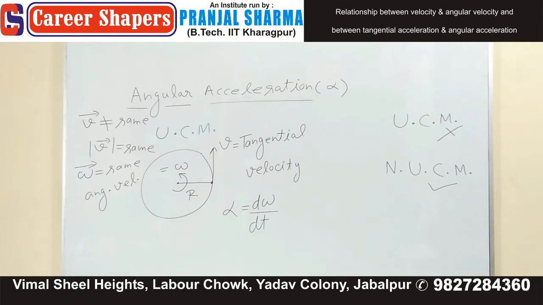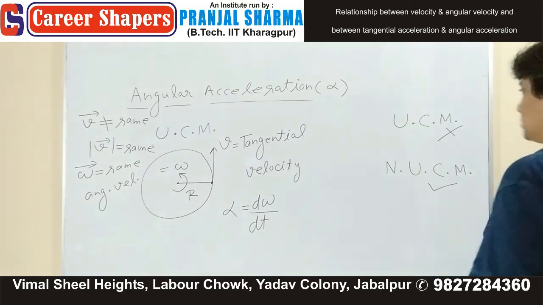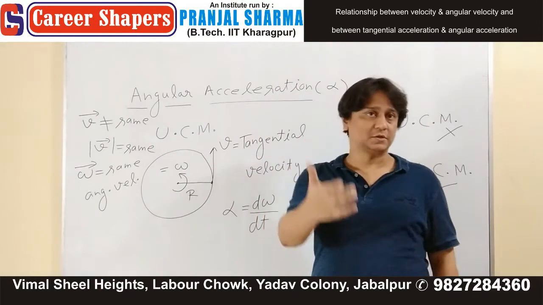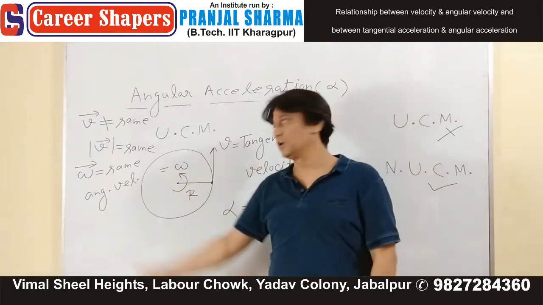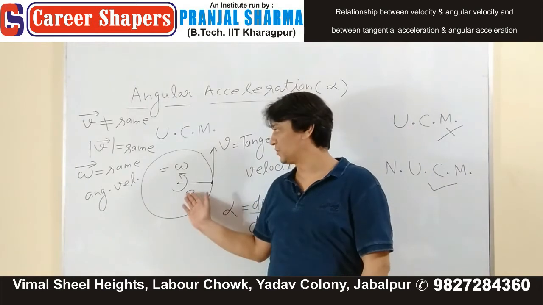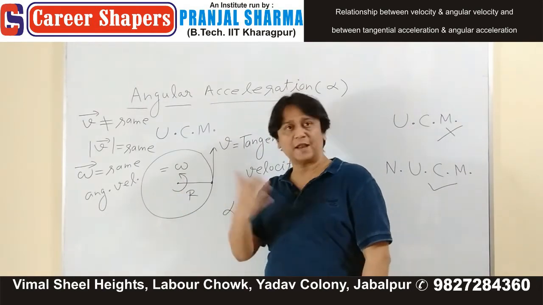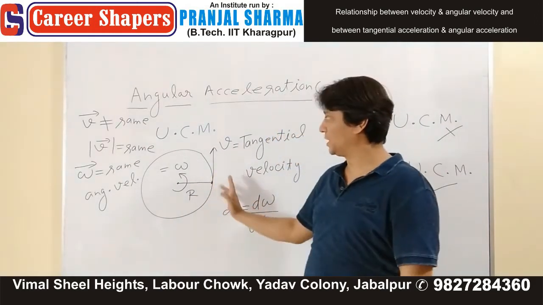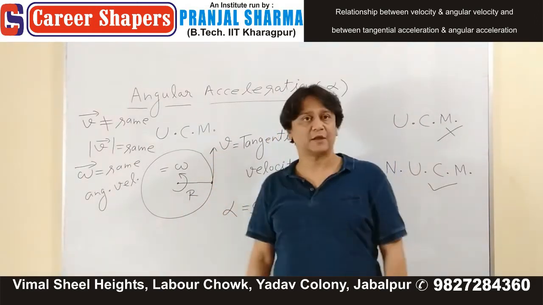And I don't know why everybody is saying no. What is omega? Angular velocity. Rate of change of angular displacement. What is the direction of angular velocity for this figure? If an object is moving like this, then what is the direction of angular velocity?